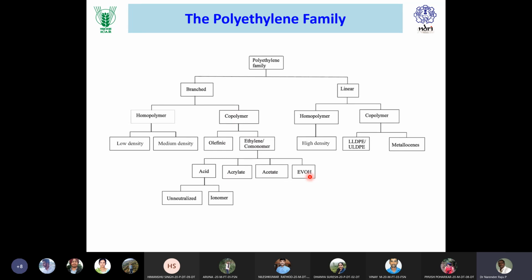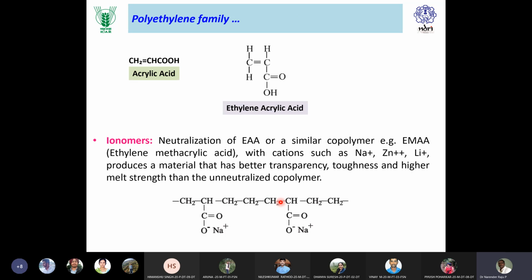Vinyl alcohol is one comonomer, and here vinyl acetate is another comonomer, and you get ethylene vinyl acetate. So it's a copolymer and has better advantages. I'll give the details of EVA now. This is how the structure of ionomers looks.